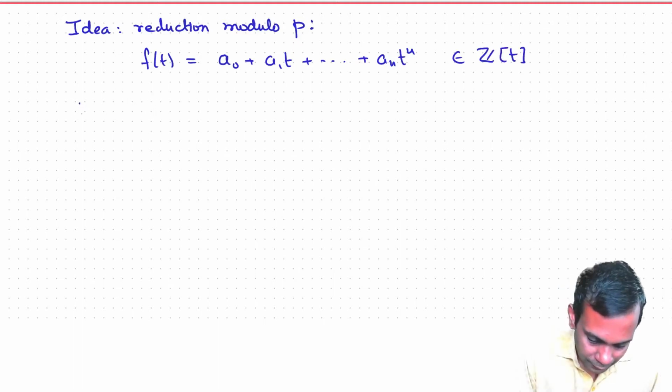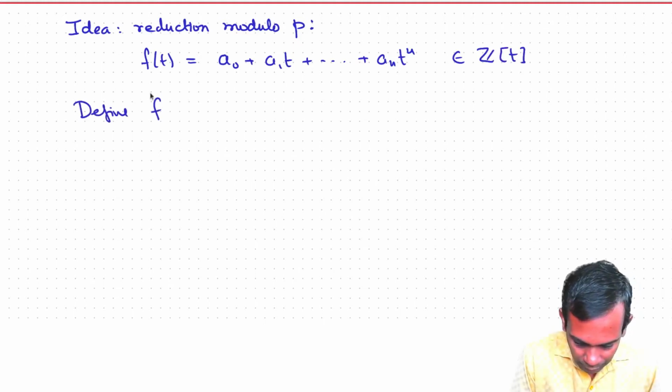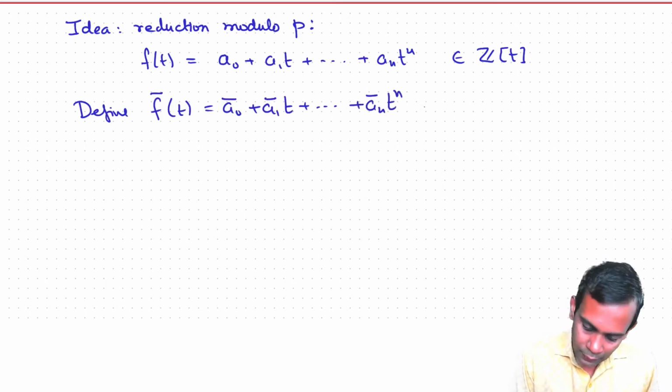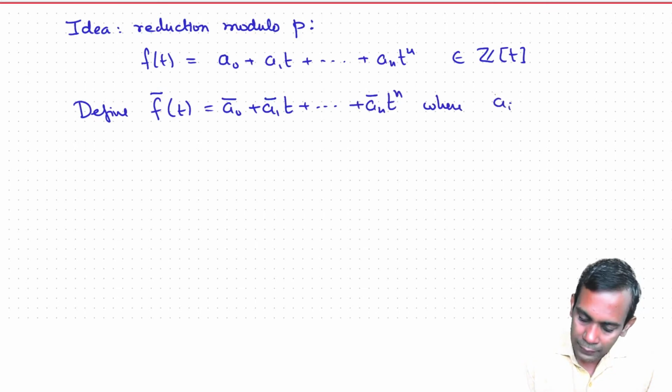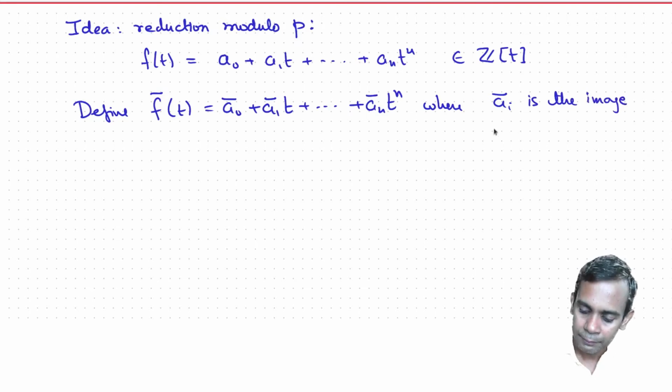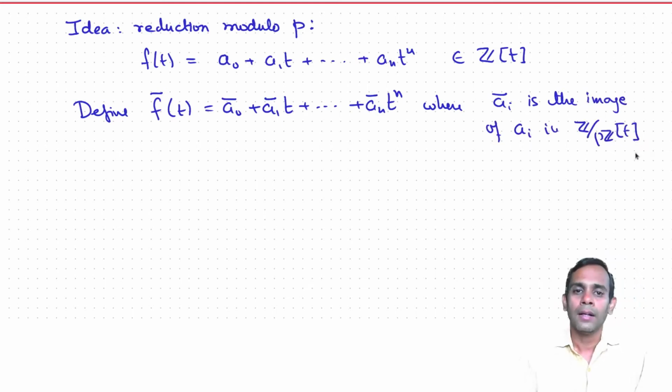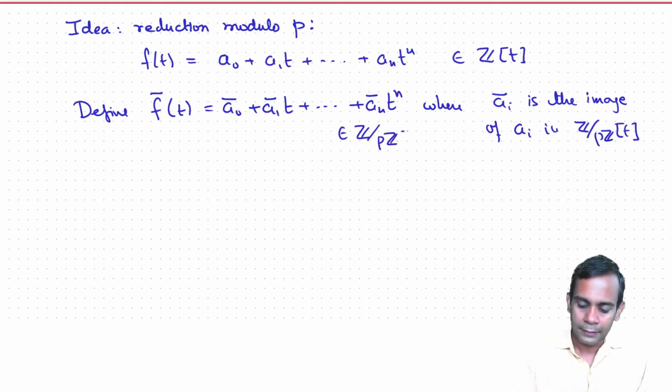So define f bar(t) to be a0 bar plus a1 bar t plus ... plus an bar t to the n, where ai bar is the image of ai in Z mod pZ. Okay, so this is a polynomial in Z mod pZ.